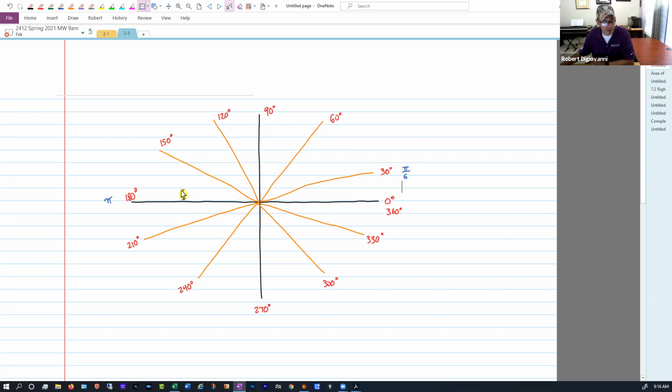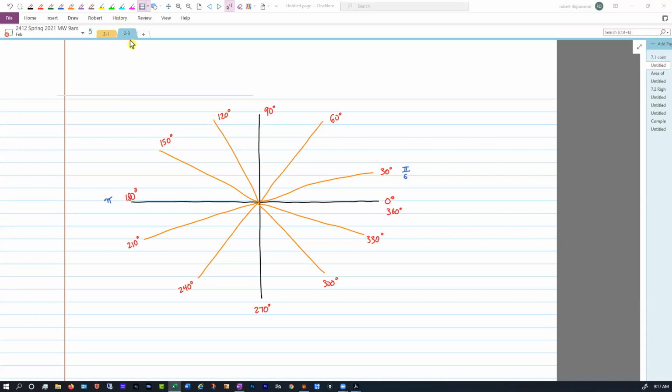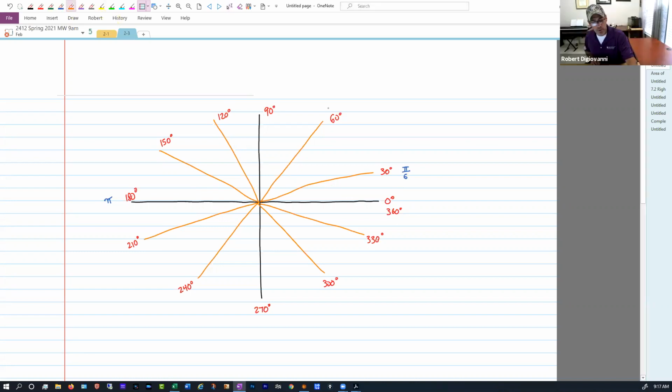Pi over 6 is just this whole straight angle cut into 6 equal pieces. And now we just start counting around, okay? This is one of them, all right? So Samuel, you there, Samuel? Yes. Okay, so Samuel, what would this one be in radians?